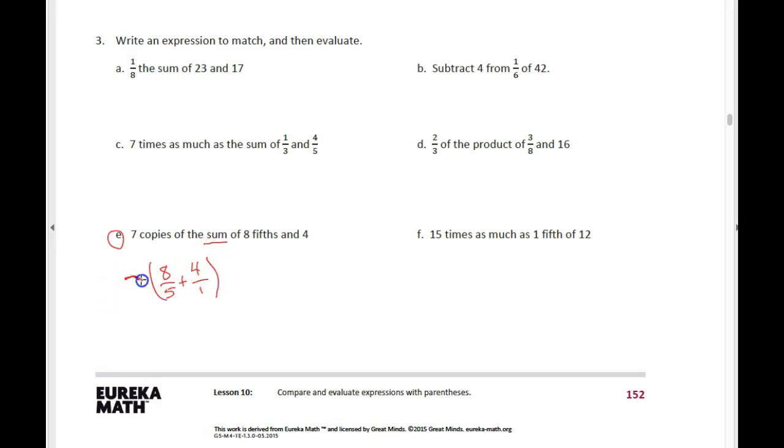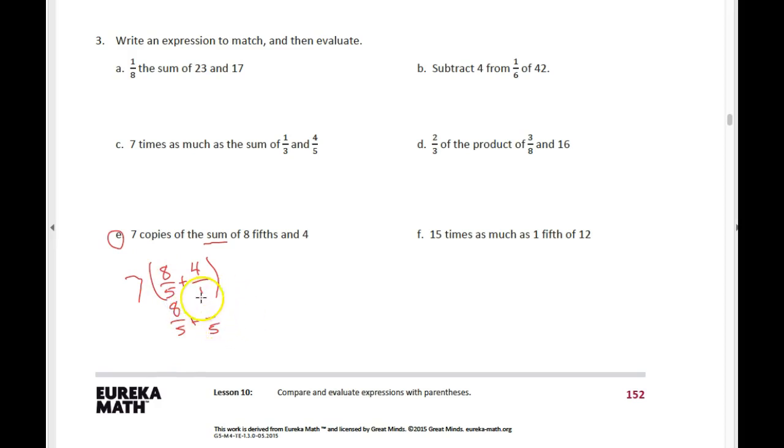So we're multiplying what we end up with in the parentheses by 7. So what we could do is just use 5, right? Because 5 times 1 would get us there. So these are both going to have a denominator of 5. I know 5 times 1 is 5, 8 times 1 is 8.